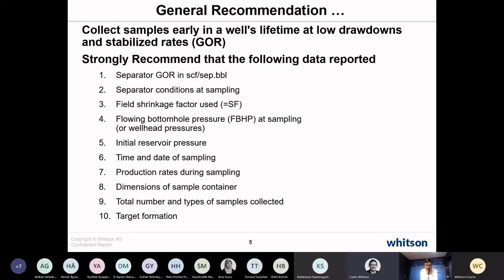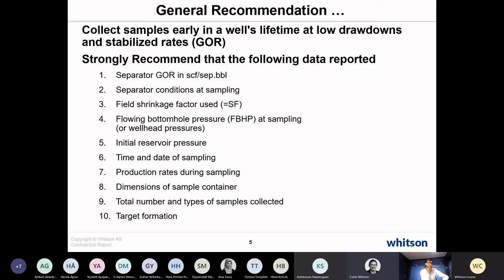And as you get to low depletion states, very low pressures, you start getting an increasing amount of these CO2, H2S, methane coming out of solution at lower pressures. So there's a lot of complexity to the water phase, in addition to the production problems with water, scale, etc. So you need water samples for many reasons.